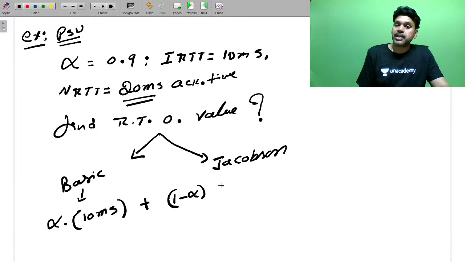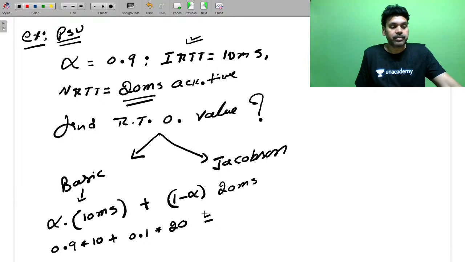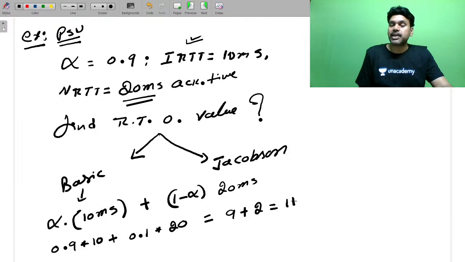So it is 20 ms because it is the initial RTT. Now what is your value? 0.9 into 10 plus 0.1 into 20. So 9 plus 2 is going to be 11.